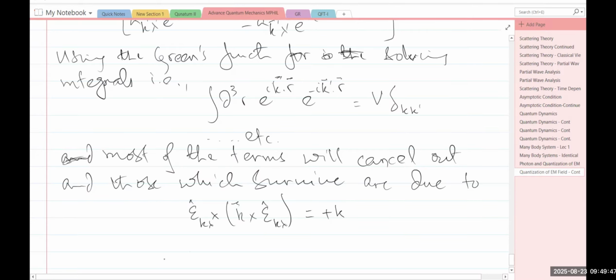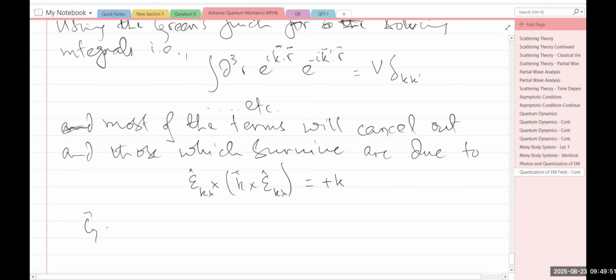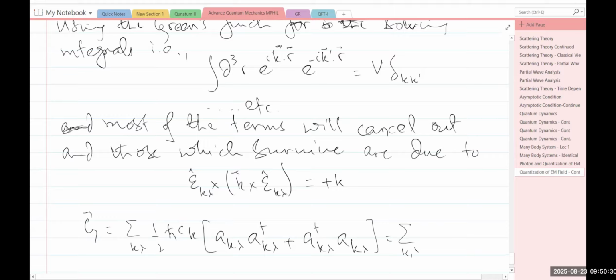And so the linear momentum G would be equal to the summation over k, λ of one half times ħck times (a_{kλ} a_{kλ}† plus a_{kλ}† a_{kλ}). And this is equal to, if we apply the commutator property, ħck a_{kλ}† a_{kλ}.